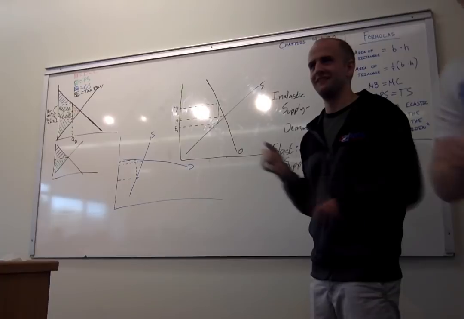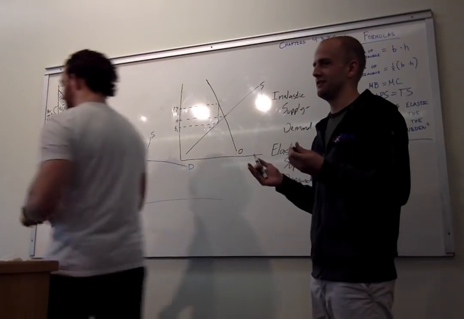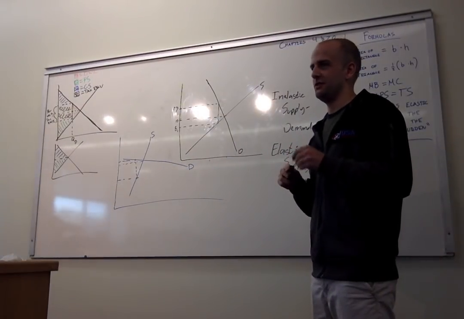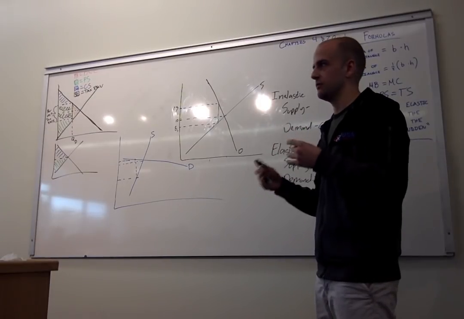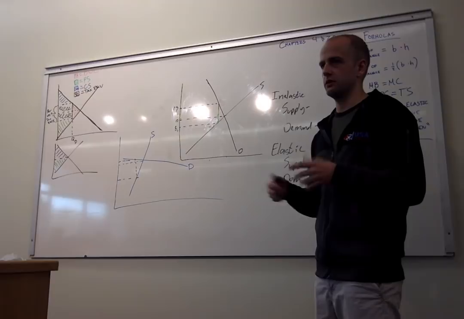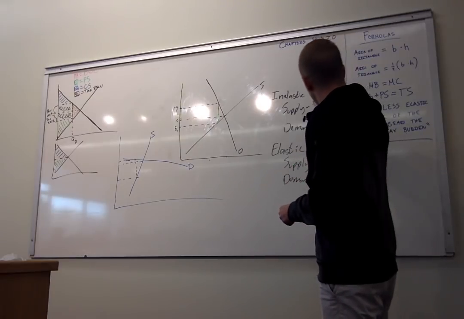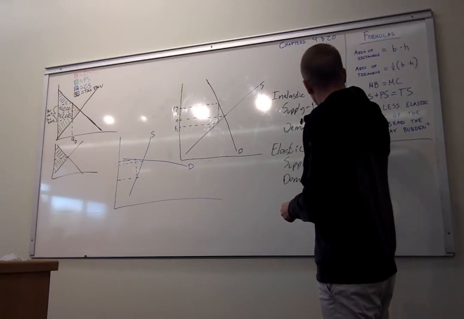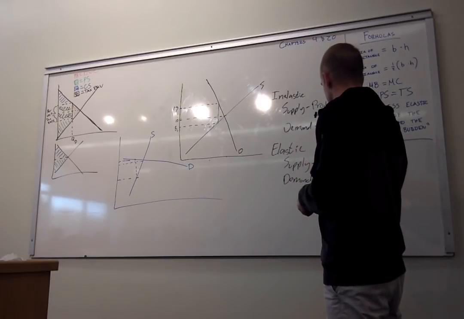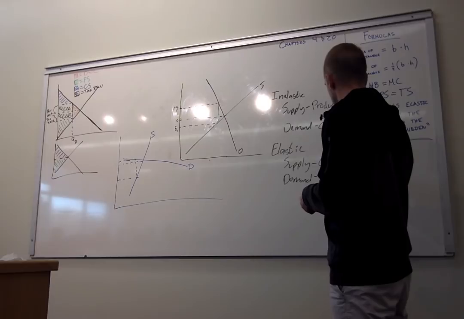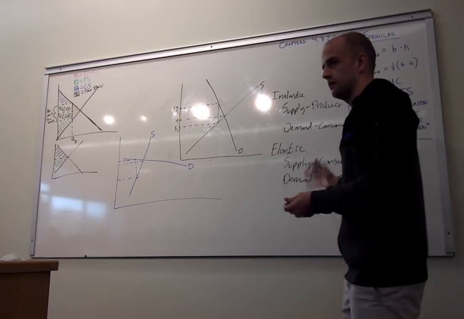Everybody got that? Okay, so what does that mean? It means they can't change their price, otherwise people won't buy it. So they have to accept more of the tax burden in order to sell that unit. And then the same is true when it's an elastic supply. That's when the consumer pays it.